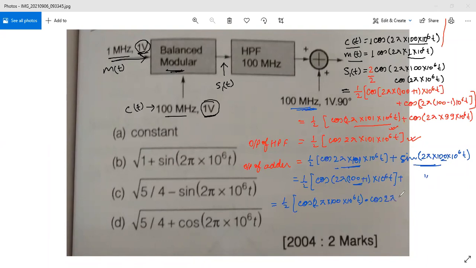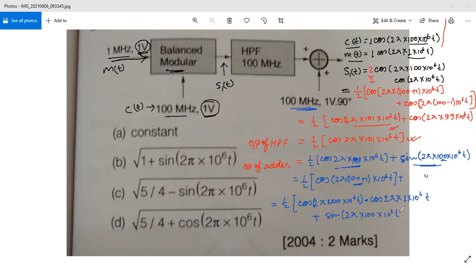It is 2 pi into 1 into 10 to the power 6t. Sin A means what? It is 2 pi into 100 into 10 to the power 6t.